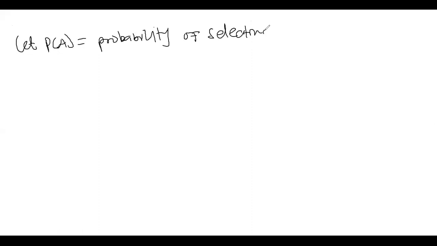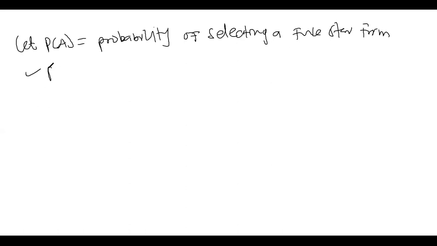So here, the question says that there are 10 5-star firms, 25 4-star firms, 35 3-star firms, and 30 2-star firms, okay? So here, let probability of A be equal to probability of selecting a 5-star firm, okay?